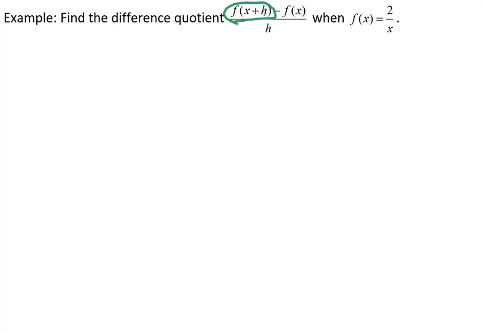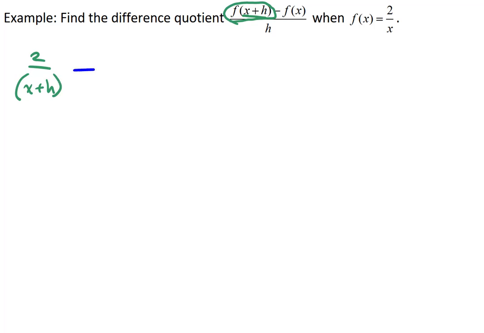F of x plus h means I'm plugging in x plus h for my function. So I'll write f of x, but I'll write it as 2 over blank instead of 2 over x. And in that blank, I'll put x plus h. That's the input value we're given.